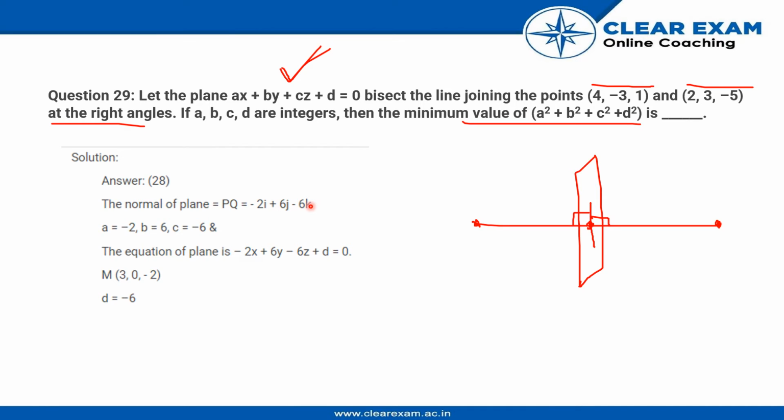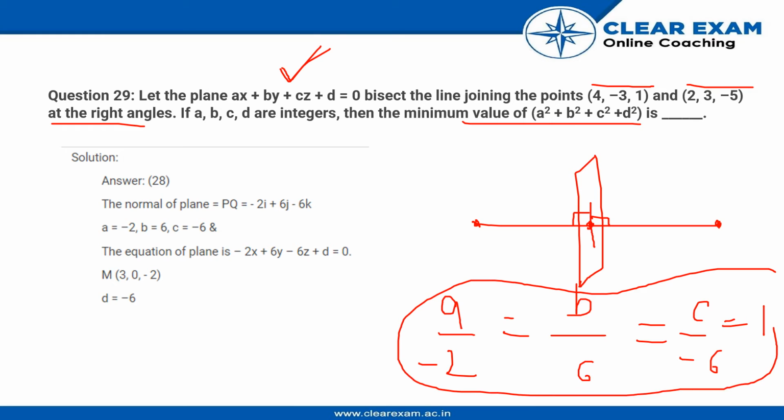Then we can make a proportionality: a/-2 = b/6 = c/-6 = 1. We make this the relation because the direction ratios that we got from the 2 points and the direction ratios of the plane are the same. So we use that and we get the values for a, b and c as -2, 6 and -6. And the equation of the plane is -2x + 6y - 6z + d = 0.